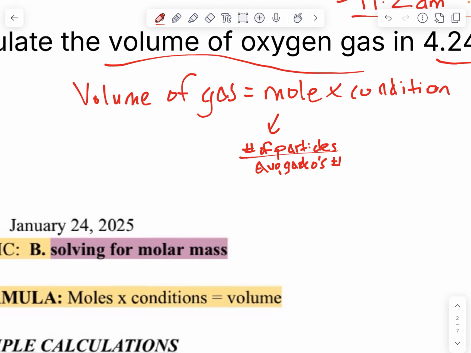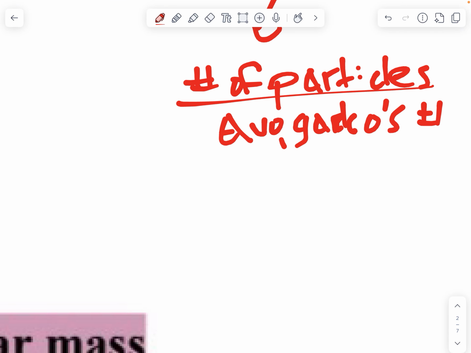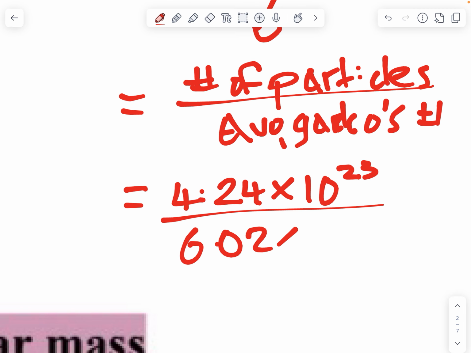For the number of particles that we got in the question, it was 4.24 times 10 to the 23rd power. And Avogadro's number is 6.02 times 10 to the 23rd power.